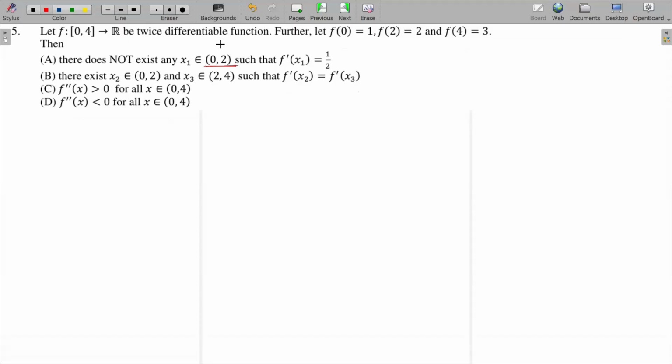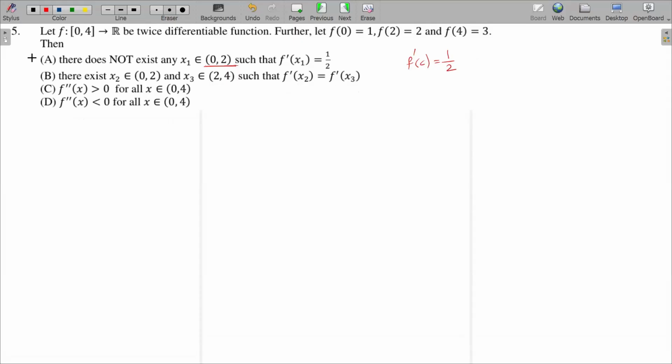So the first one is wrong. Correct. The first is wrong because in fact, if you apply it to 0 to 2, it is like f2 minus f0, that is 2 minus 1, 1, upon 2 minus 0, so 1 by 2. So there will be some c such that f dash c is half. That is guaranteed by LMVT.